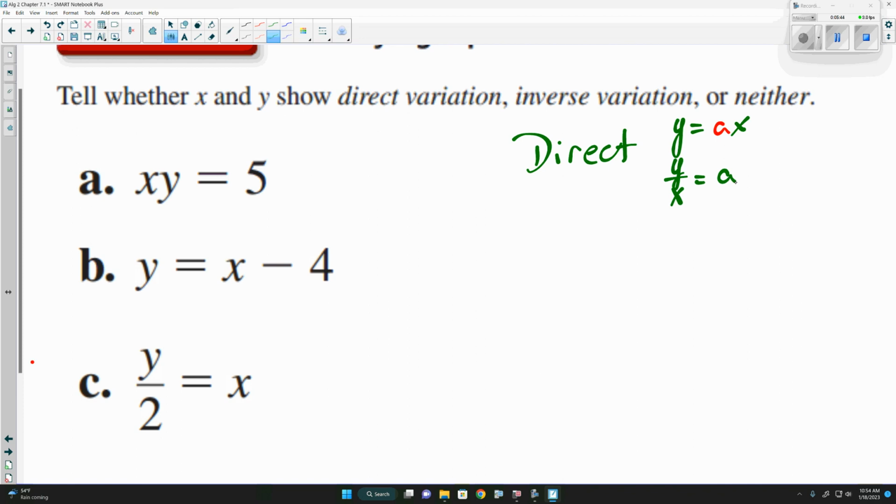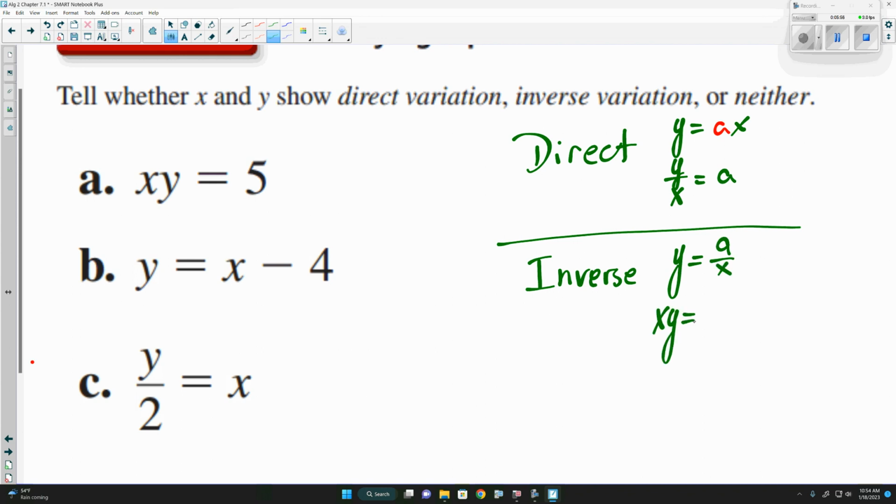Inverse: y is equal to a over x, or x times y is equal to a. There could be some deviations depending on what a is, but we can end up getting them into one of these four forms, depending on direct or inverse. And if it doesn't match up to one of these four, it means it has to be neither.